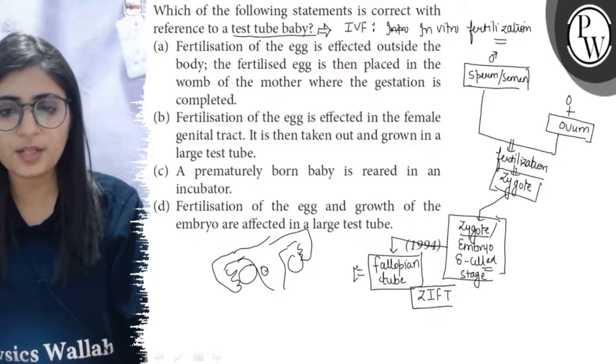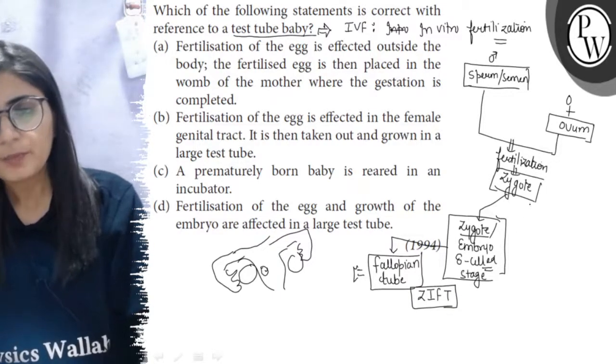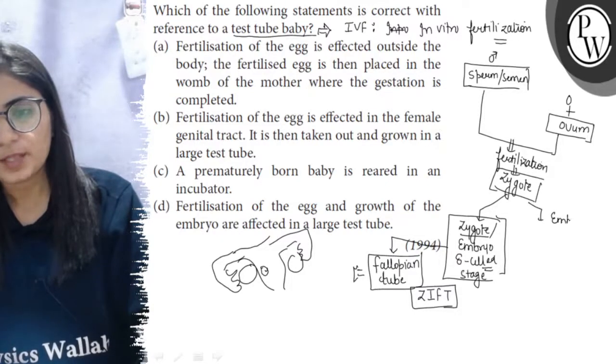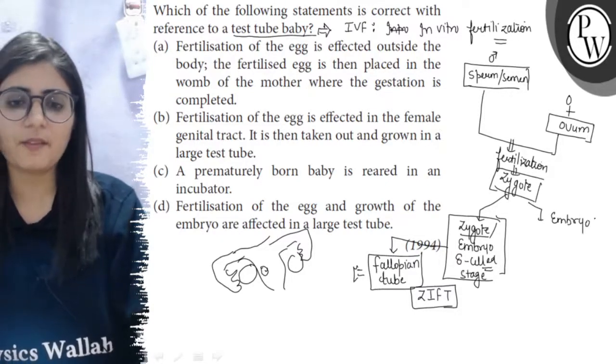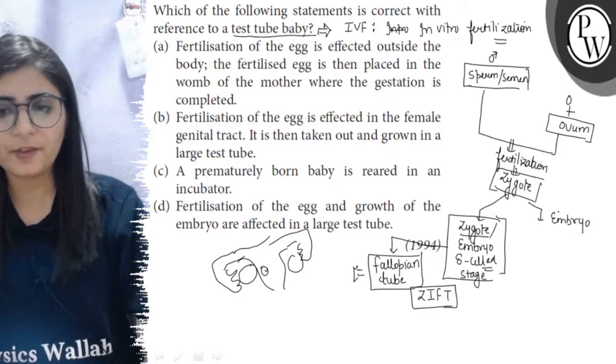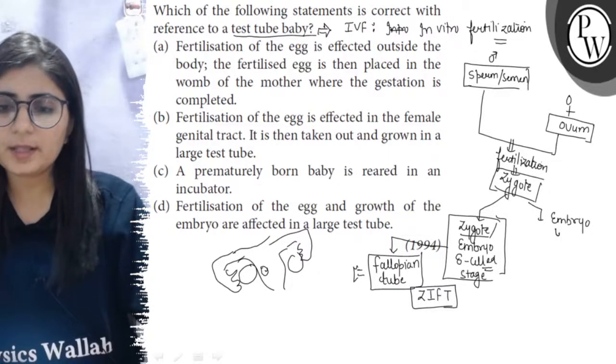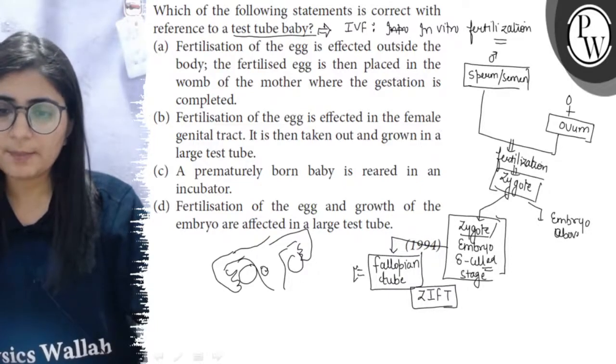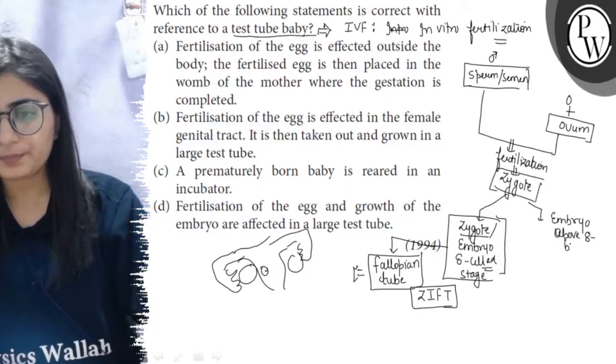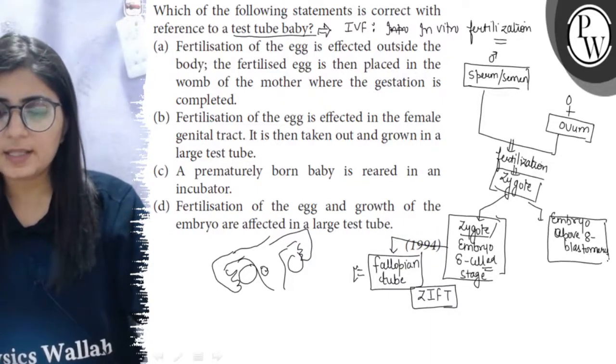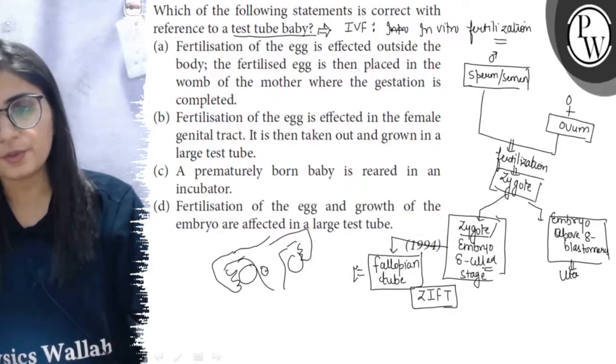While if suppose the female is having some problems or blockage in the fallopian tube, so what is to be done, that embryo is made to develop above 8 blastomere stage in the lab, and when it is above the 8 blastomeres, it is transferred into the uterus of the female.